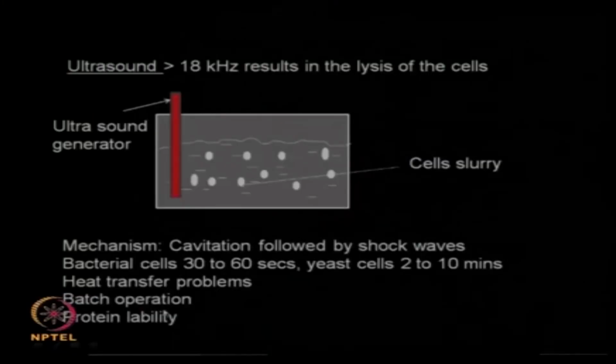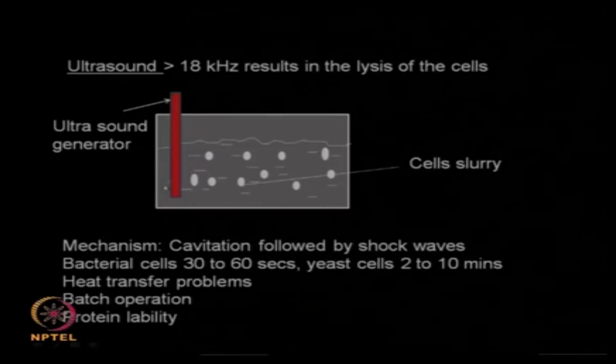This is very good for batch operation, it is not very good for continuous operation. That means I take a slurry in a vessel, then I apply the ultrasound, and after so many minutes I discharge the slurry, then again I charge another slurry and continue the operation. So it is ideal for batch operation, you cannot do it for continuous operation.